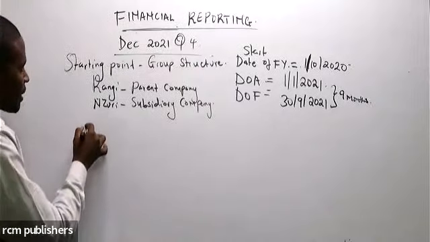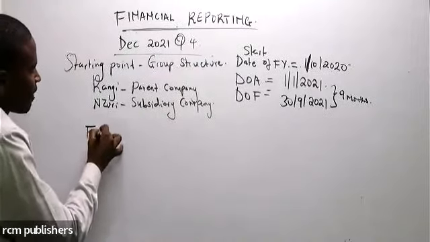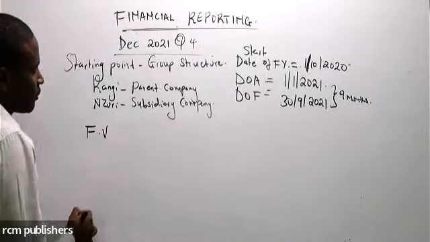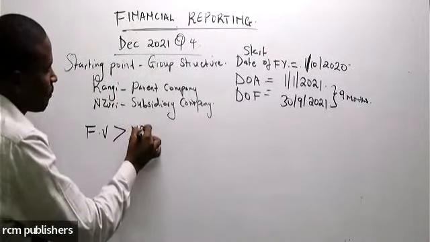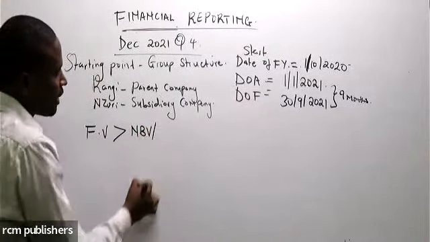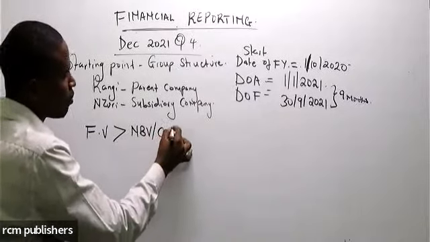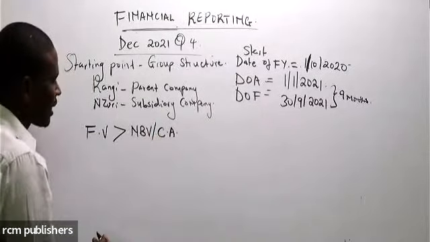Great. Anytime the examiner is talking about the fair value, it is fair value greater than the net book value. Remember that book value is the same as the carrying amount.